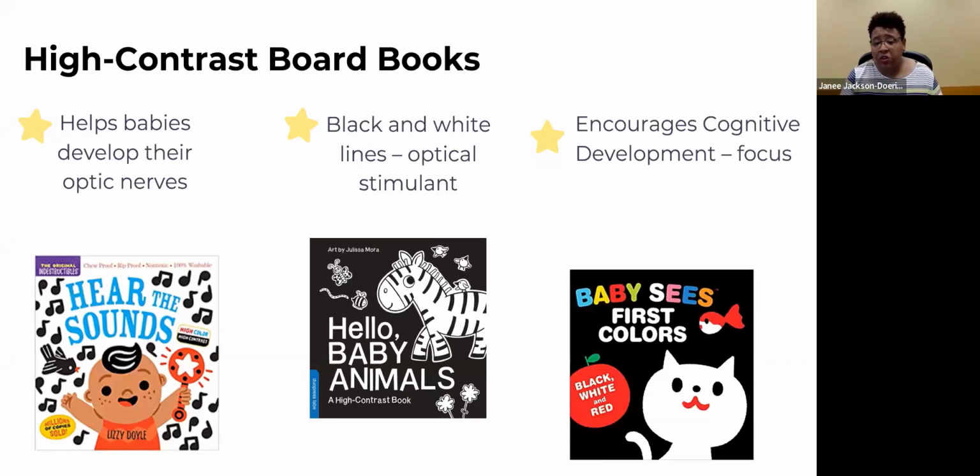So when you're planning your stories, consider selecting high contrast board books because it's helping babies develop their optic nerves. The black and white lines serve as an optical stimulant and they encourage cognitive development. They're encouraging and strengthening their focus.